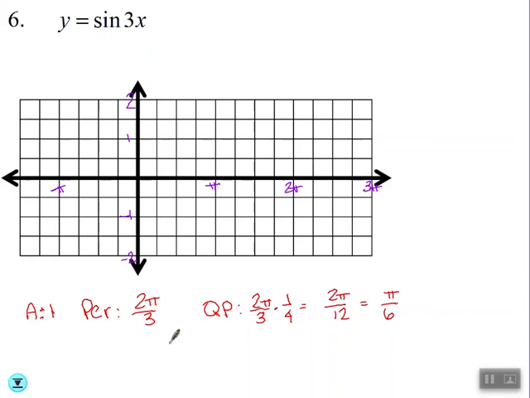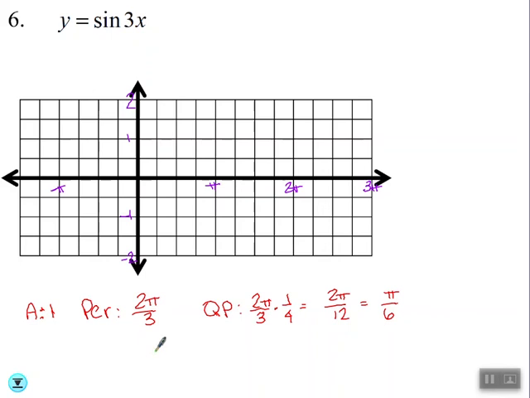Since the period is 2 pi over 3, that means that we should complete one cycle in 2 pi over 3 radians. Well, if each mark is pi over 4, we complete pi radians in 4 marks. I don't know where 2 pi over 3 is.